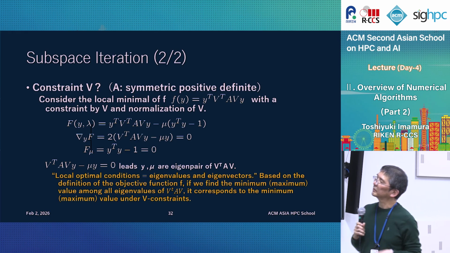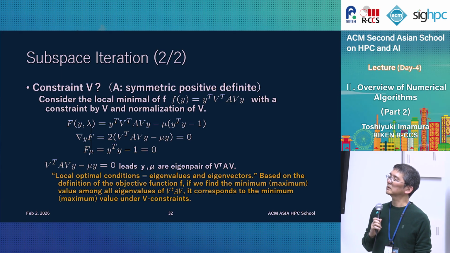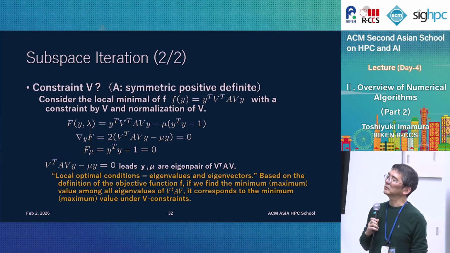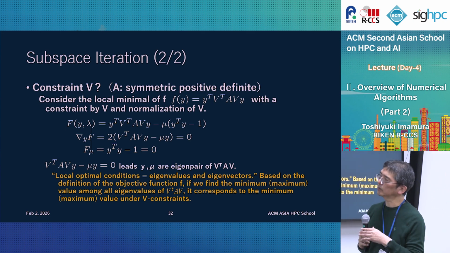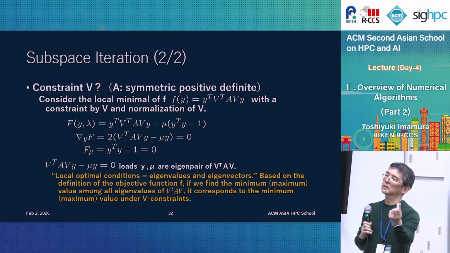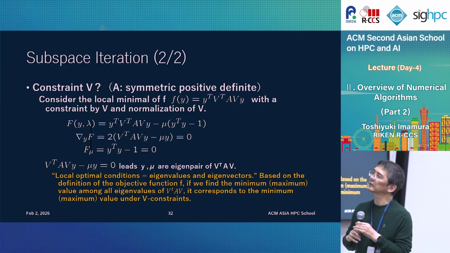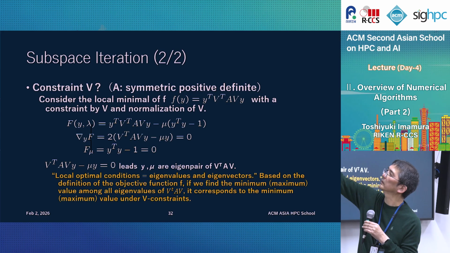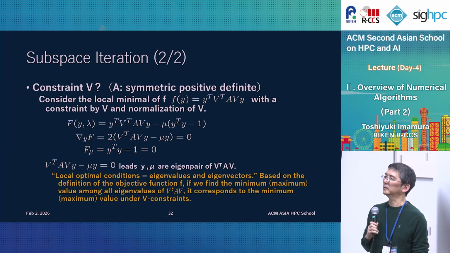these y and mu are local optimal for the first cost function. It means that if we choose any linear combination within the subspace V, the specific vector shows the minimum if we evaluate the quadratic form.